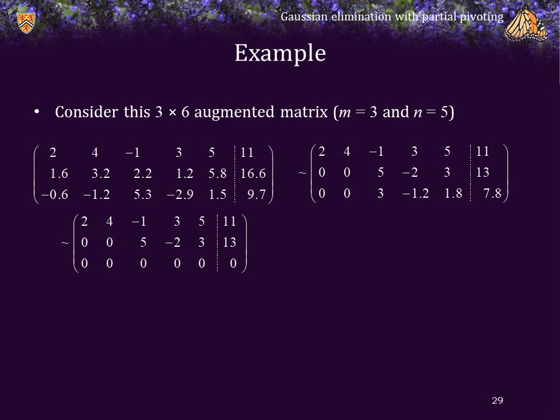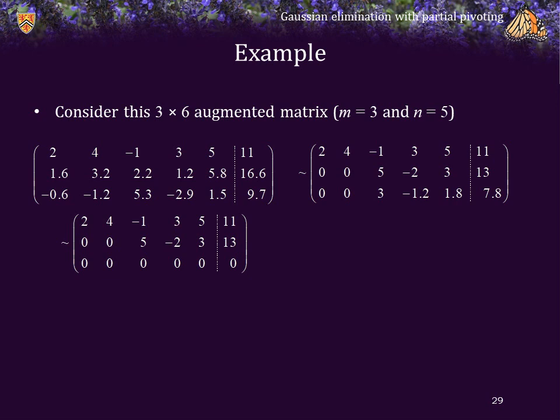However, 5 minus the rank of the matrix is equal to 3, and therefore there are 3 free variables. And from our backward substitution algorithm, we will declare x2, x4, and x5 to be free.